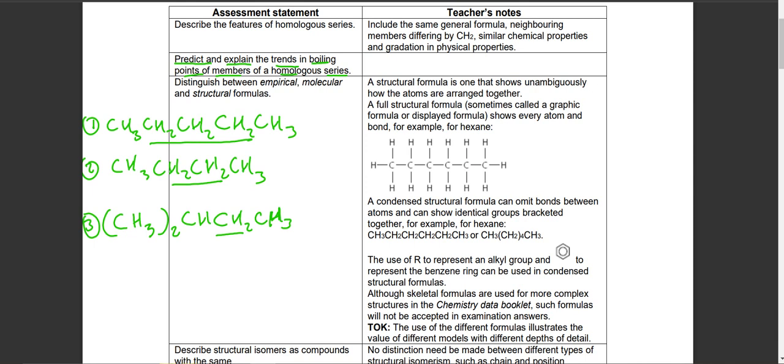So now, if the question is, among these three compounds or molecules, which one do you think will have the highest boiling point, or you're asked the order of boiling point of these three molecules.